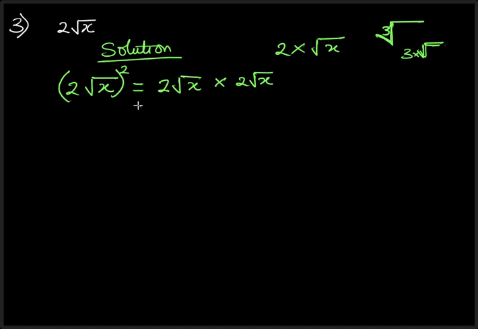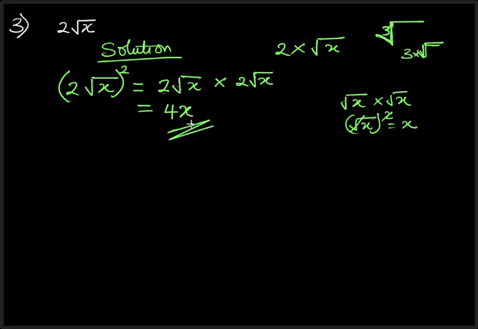So what do we have? 2 times 2 gives us 4, and square root of x times square root of x gives us square root of x all squared, and the square will cancel the square root, and that will give us x. So this will give us 4x, and that becomes our answer. So 2 squared is 4, and square root of x squared gives us x.